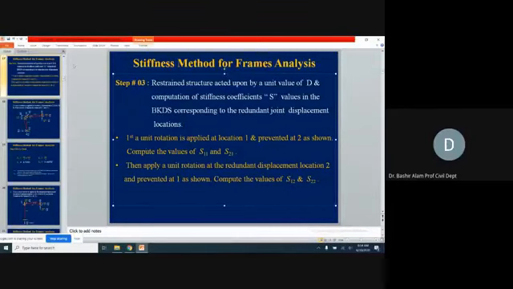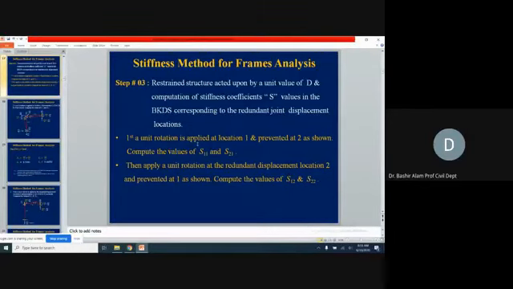And how we proceed in this case: first a unit rotation. Why unit rotation? Because rotation was the unknown in this case. If the translations are unknown, then you will have to apply a unit translation. So first a unit rotation is applied at location 1 and prevented at other locations.